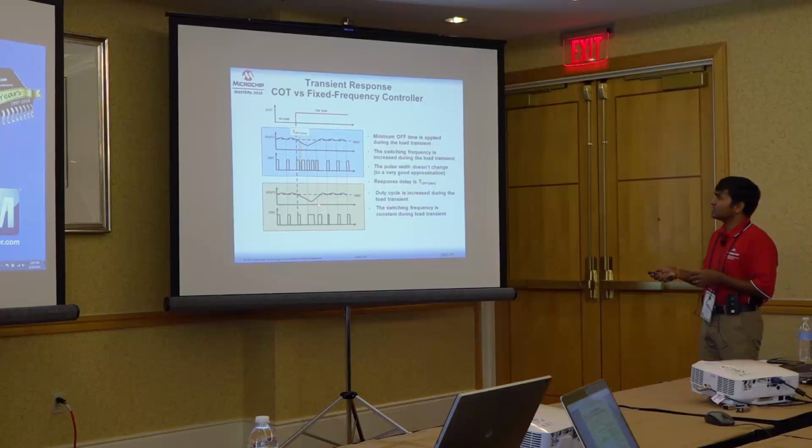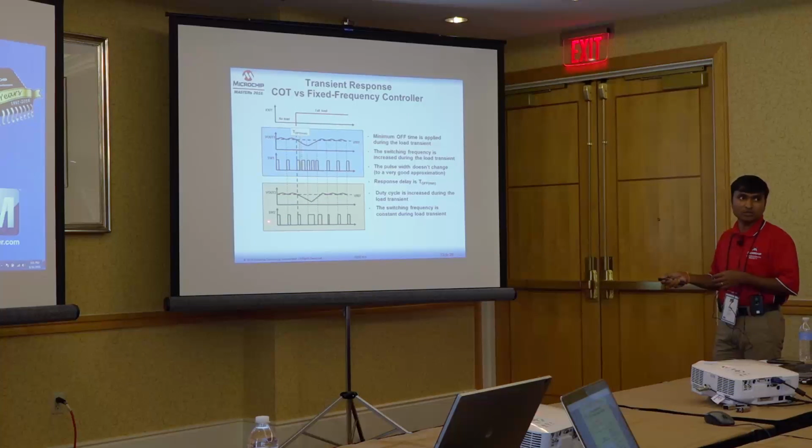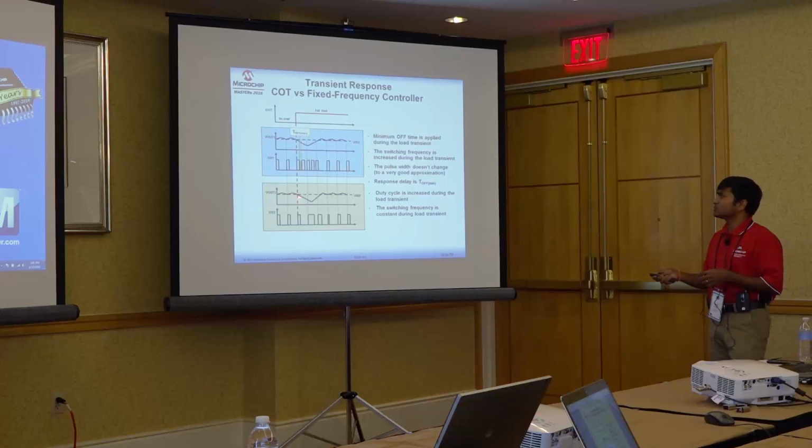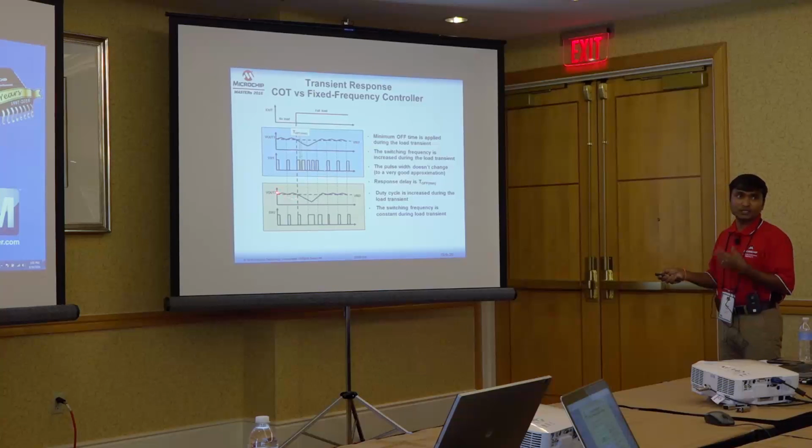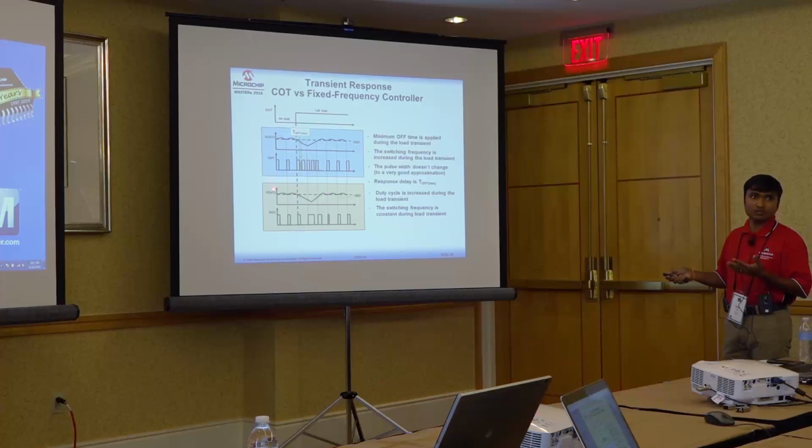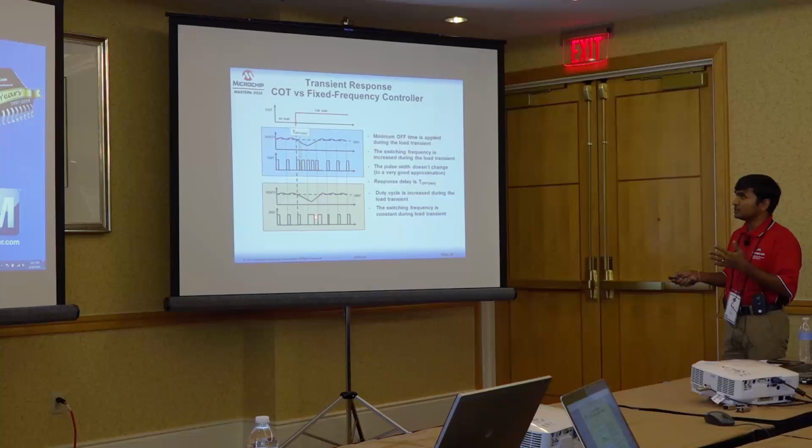Let us take the example of a fixed frequency controller like voltage mode control. Whenever there is a load transient, for example, if it happens in the middle of the clock cycle, middle of the pulse, it waits till the next cycle to correct it. Once it reaches the next clock cycle, it increases the duty cycle, and once the pulse width is done, it again waits for the next clock cycle.